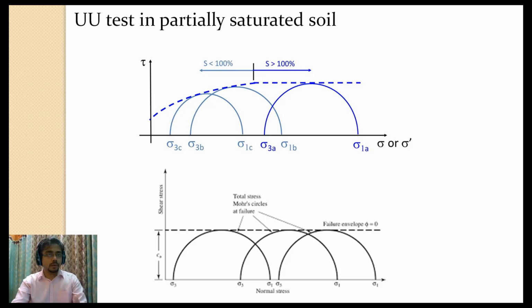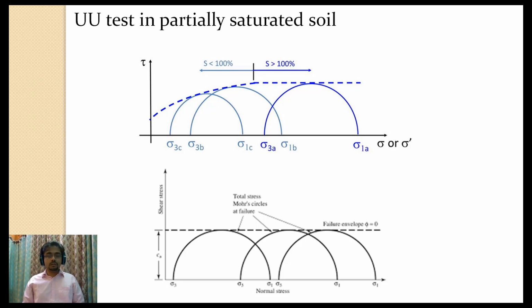Number one, for the UU test in partially saturated soil, the failure envelope should not be linear. Number two, the failure envelope should not have a phi value equal to 0. There should be some phi value. These two discussions are very important related to the UU test for partially saturated soil. Now we can say that the UU test is applicable for fully saturated soil and partially saturated soil.